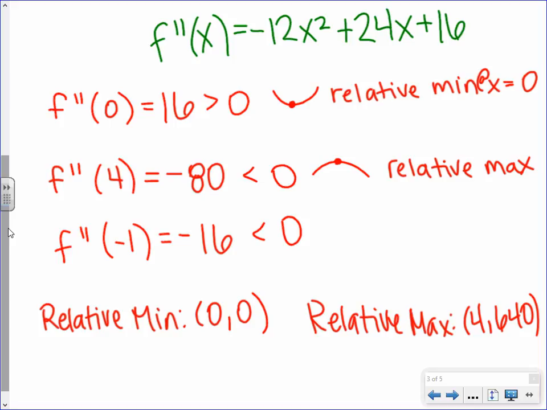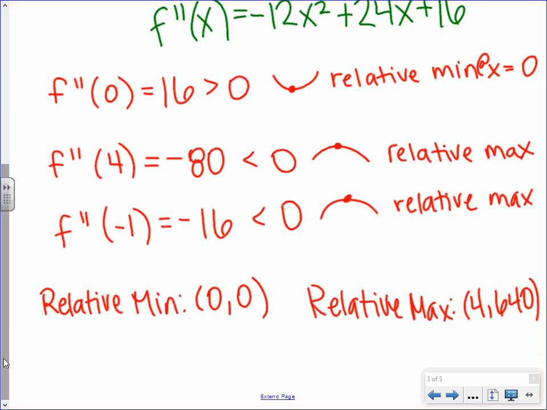If our second derivative is negative, that means we are concave down, which means our critical point is a relative maximum. By plugging negative 1 back into the original function, we get a y value of 3. So negative 1, 3 is also a relative maximum. And that is the second derivative test.